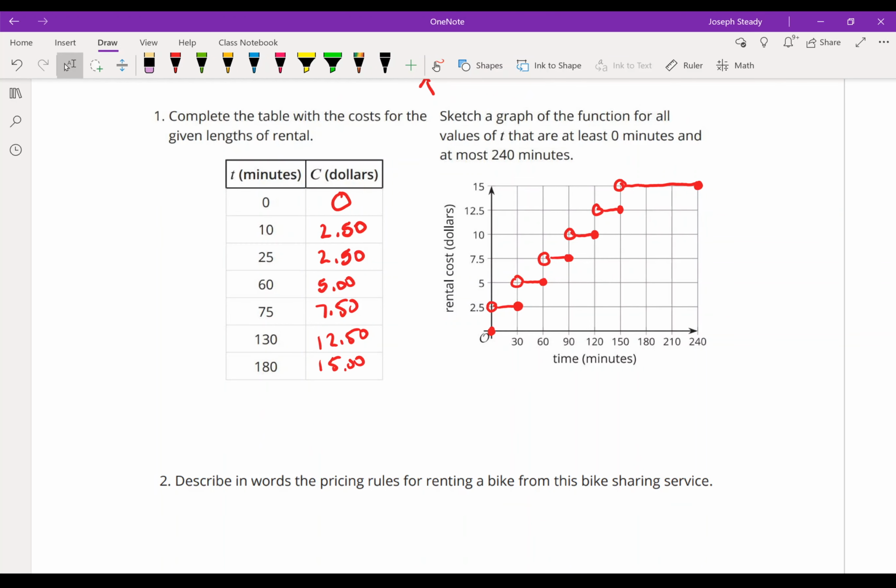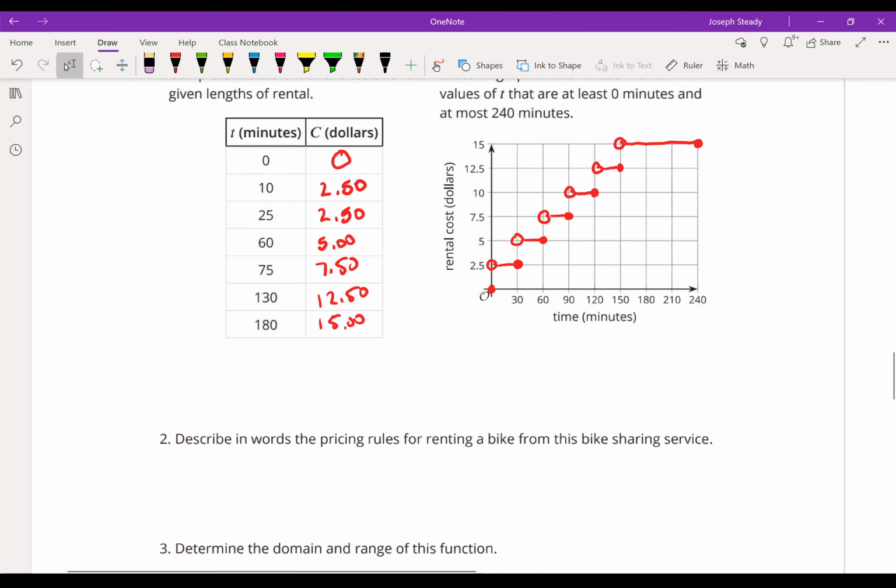Now, to describe this in words, you could go through, kind of like we just did, and say, from this time to this time it costs this much. From this time to this time it costs a different price. Or I can try to summarize this. I notice that for the most part these are 30-minute increments.